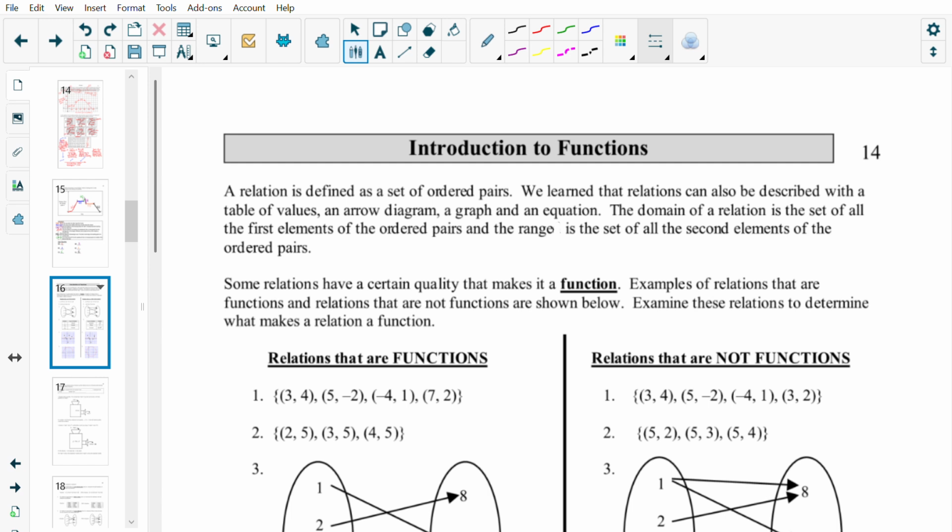The first elements, we also call them the inputs. The second elements, we also call them the outputs.